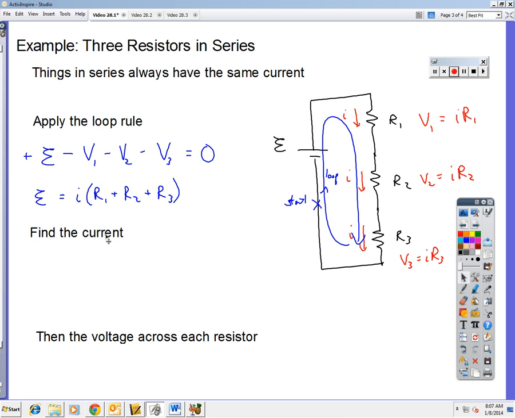So the current becomes EMF divided by (R1 plus R2 plus R3). And you should recognize from last year that R1 plus R2 plus R3 is the equivalent resistance of the combination.